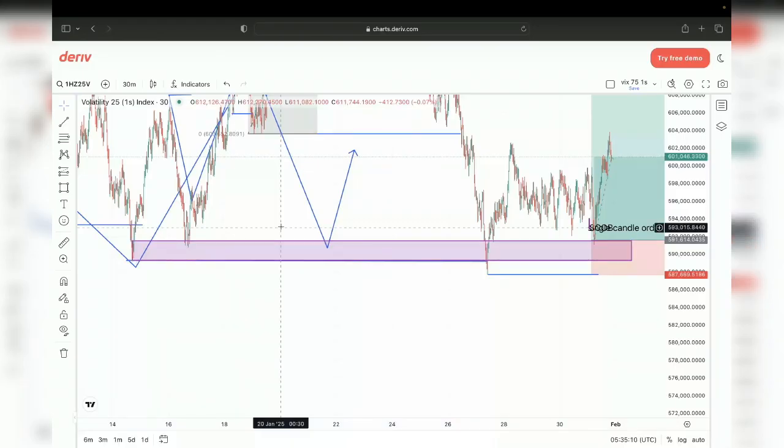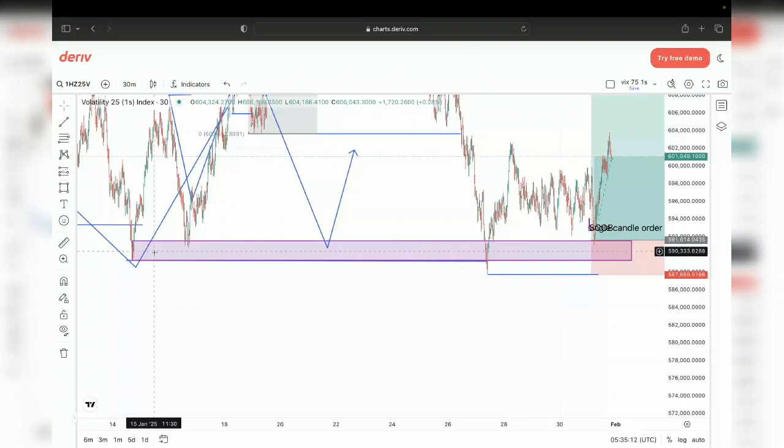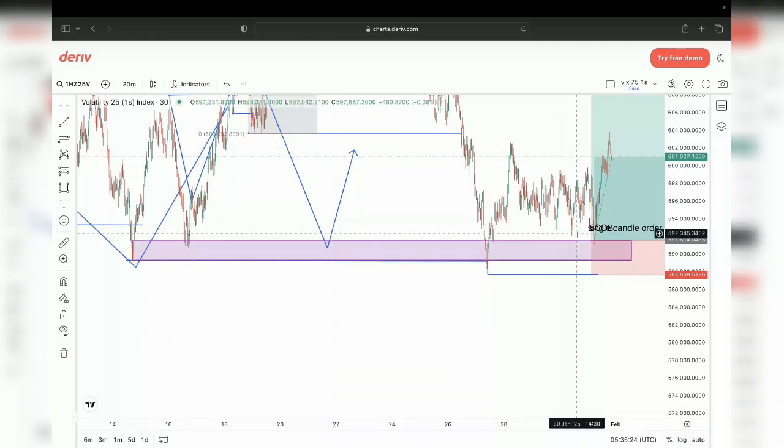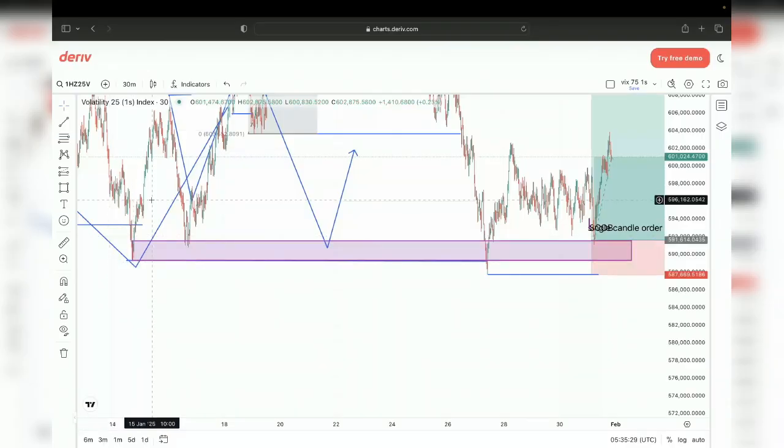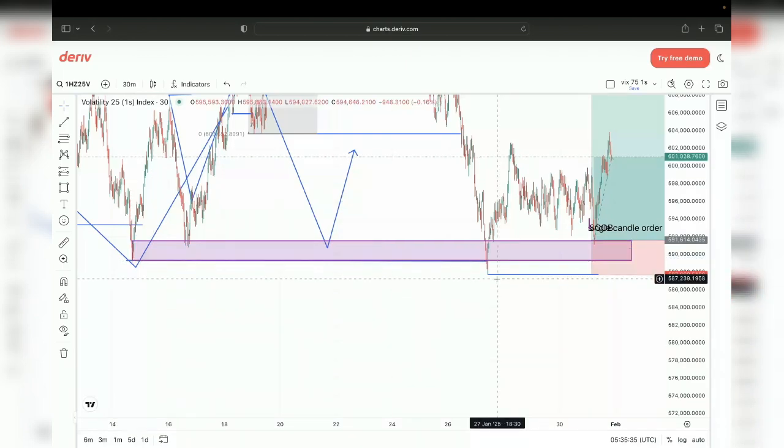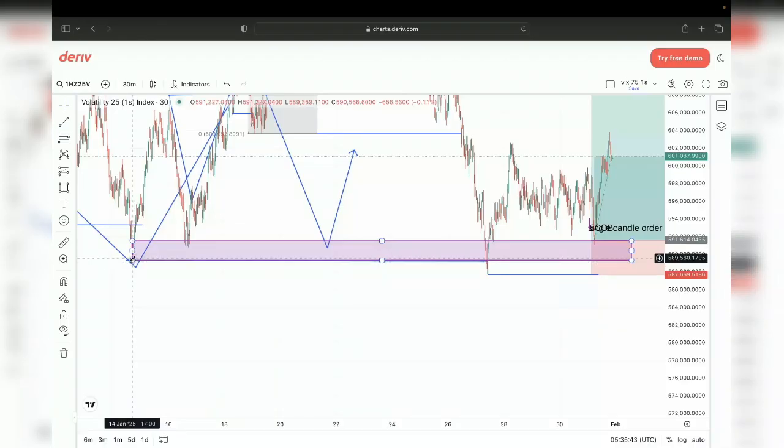How do I mean? Now you entered with one lot size here, and you are risking $100, and price retraced and went to this point. Now you have already calculated that even if you just use your MT5 and put the buy limit here, and you put your SL below this point, you're using the same SL for all the positions. You will see what one lot size should give you from here, profit and risk.